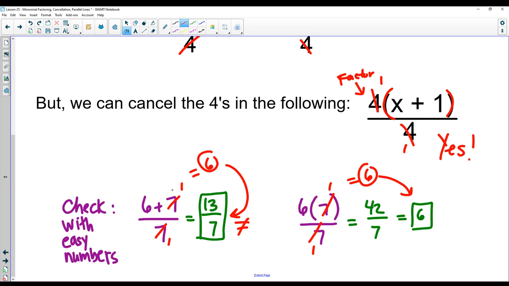Oh my goodness, I just noticed on this other example, 6 plus 1 is 7, but still not even close. Sometimes people just cross those off altogether and don't put the 1 here. All right, at any rate, we should notice that it does not work on the left because nothing's being multiplied. It does work on the right.